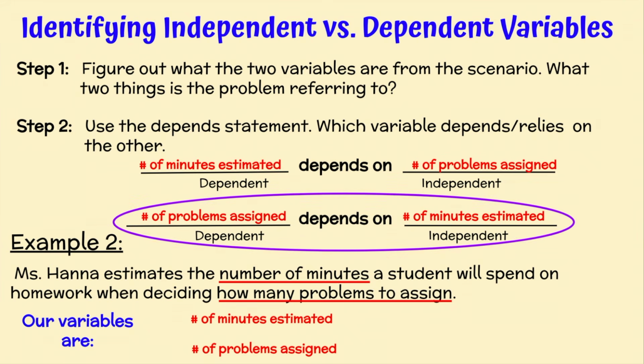The scenario says the number of problems assigned depends on the number of minutes Miss Hannah estimates. So in this case, y is our dependent variable, which is the number of problems assigned, and our independent variable is the number of minutes estimated, which is our x. Great job. So remember, it's y depends on x.